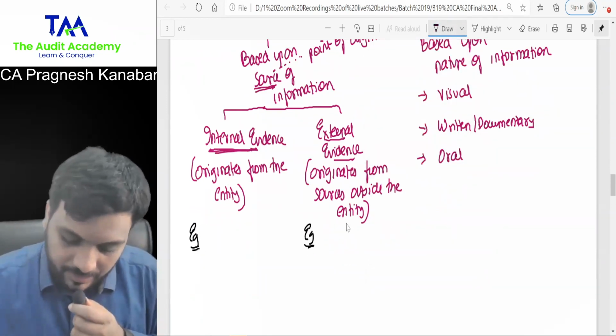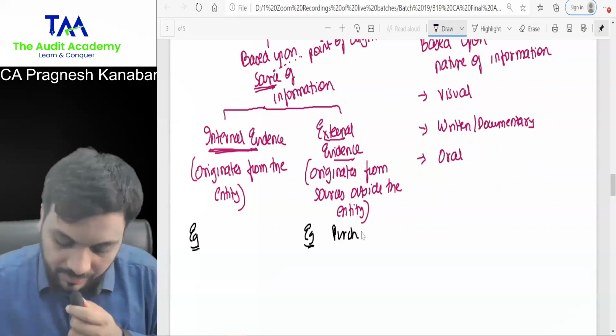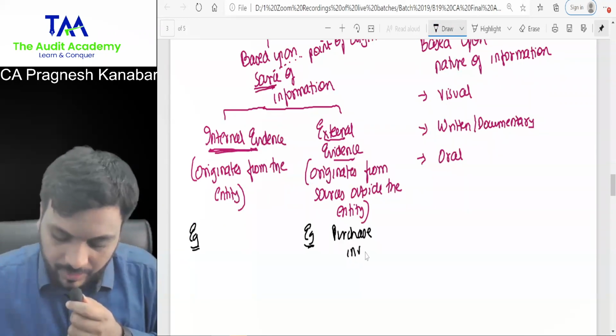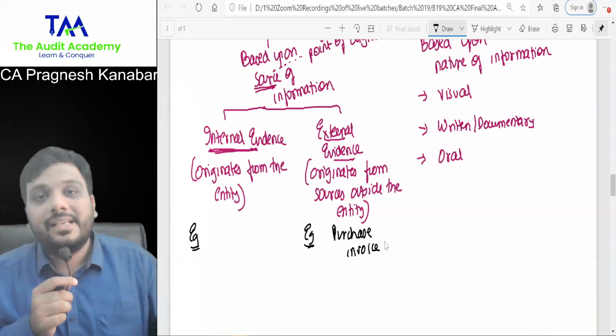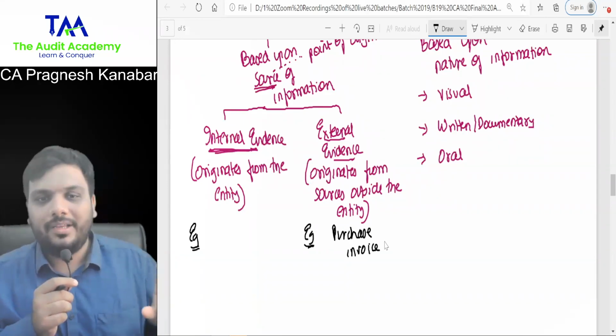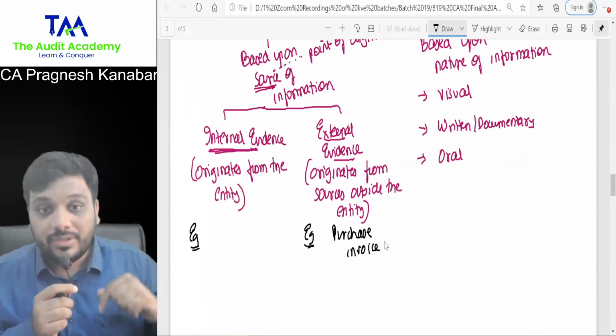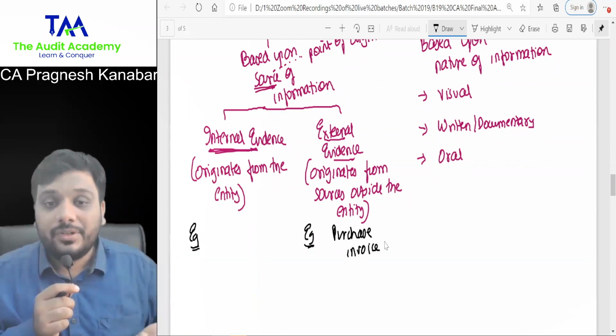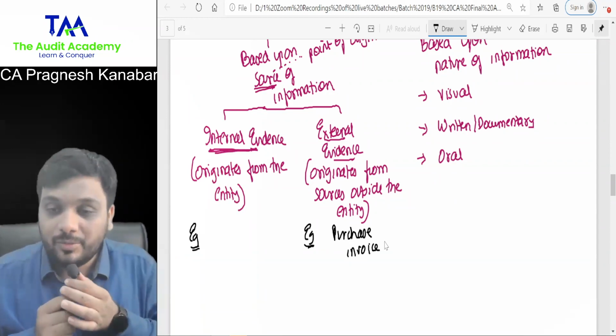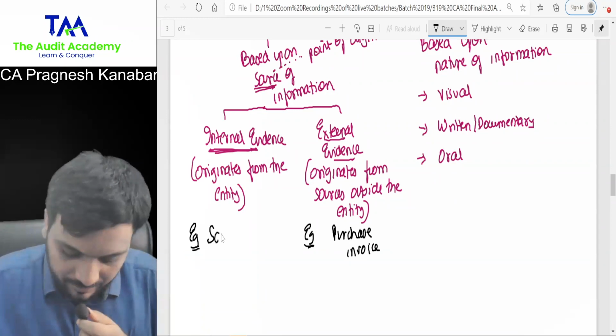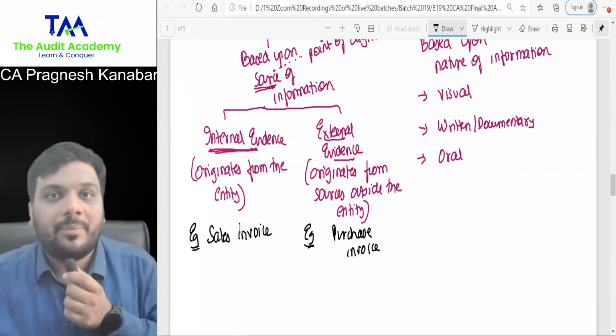Example. So external evidence, one example I have given. Purchase invoice. So tell me, sales invoice will be, although currently it may be with the customer, but it originated from the entity. So sales invoice is going to be internal evidence. Okay, chalo, rapid fire round. All right.